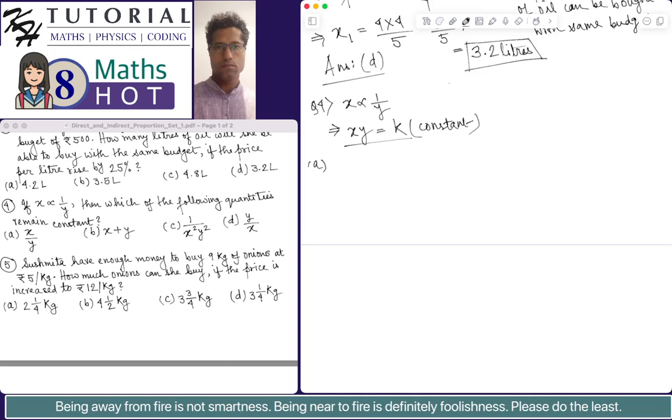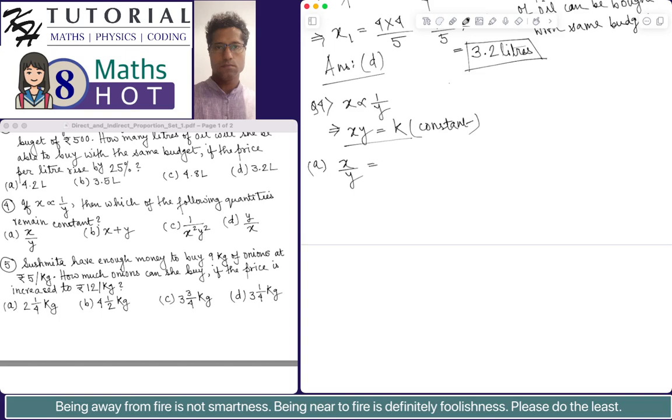So let's see choice A, x by y. Now x by y, we cannot simplify this expression to make it independent of x and y. Independent of x and y means we cannot simplify it to an expression where it will not have x and y.